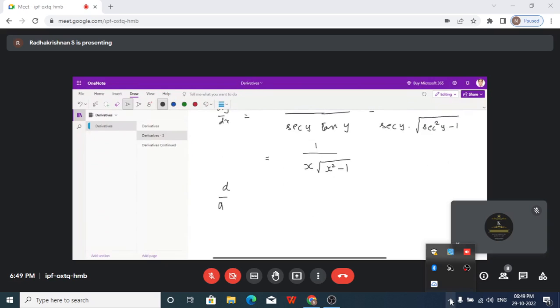Therefore, d by dx of secant inverse x is equal to 1 by x root of x square minus 1. Similarly, using the same property, since secant and cosecant are complementary, this will be minus.